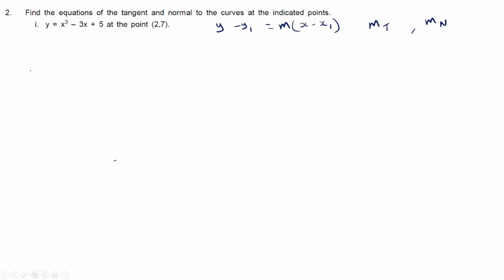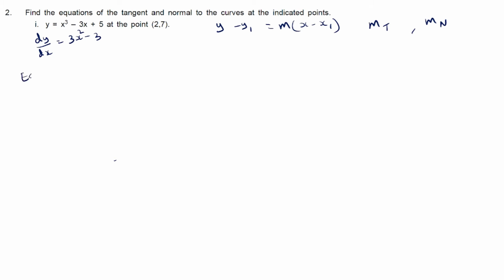Now first, for finding the slope of tangent and normal, we need to differentiate this equation. So first let us differentiate this with respect to x. So dy by dx is equal to 3x square minus 3.